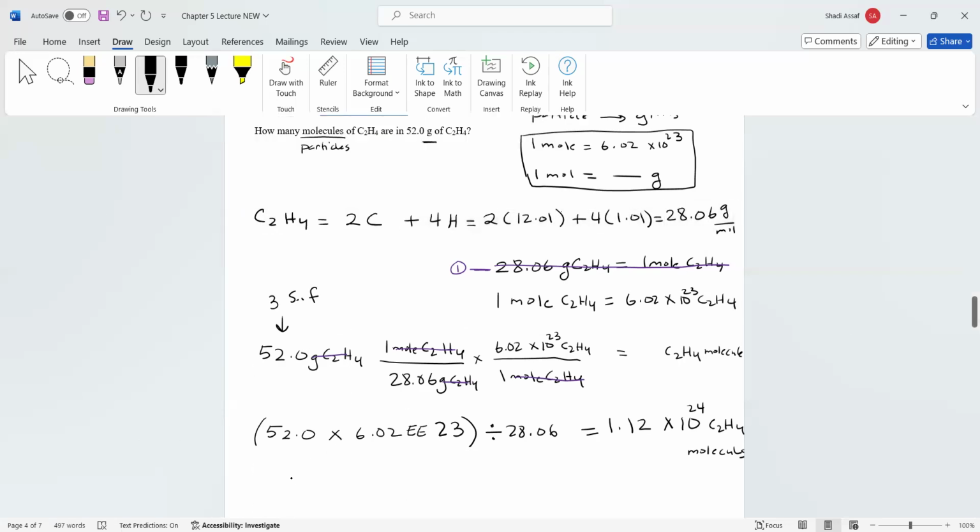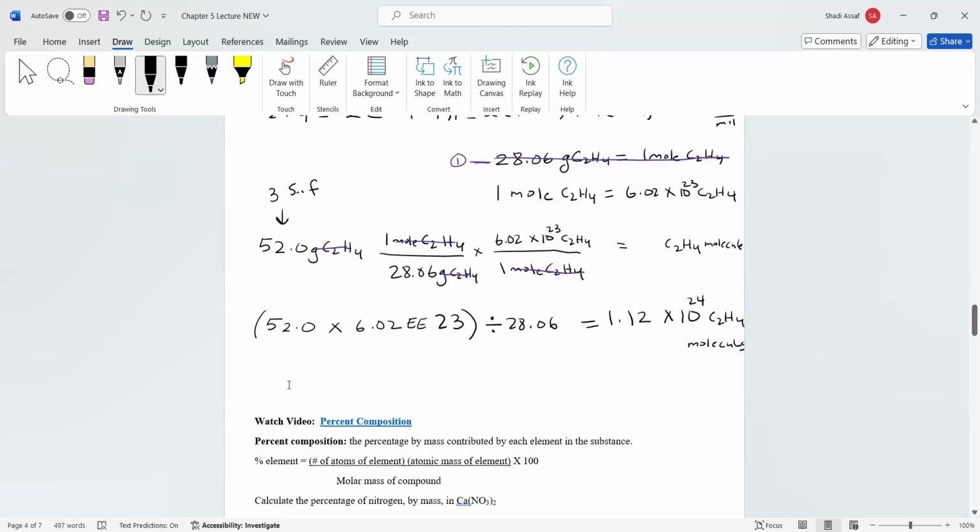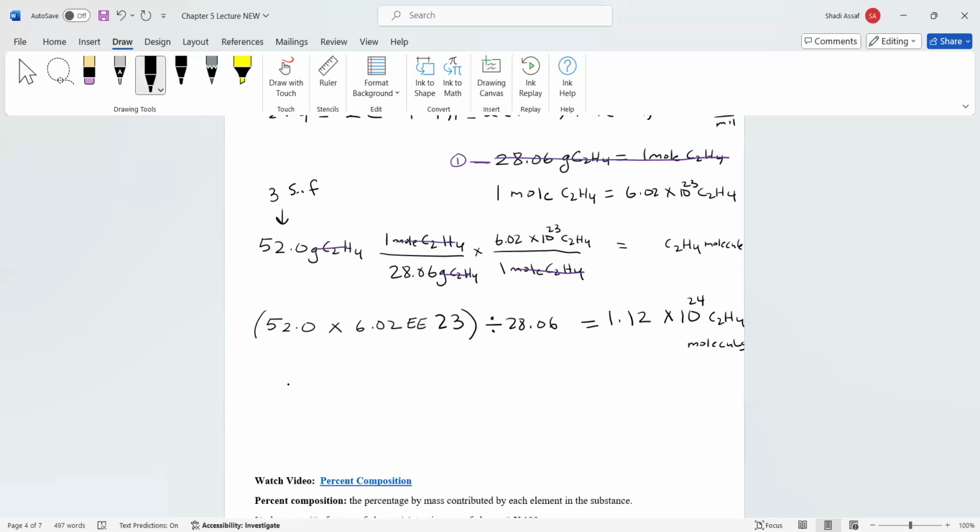What if we were given 0.912 moles of C2H4, and we needed to convert to the number of C2H4 molecules?